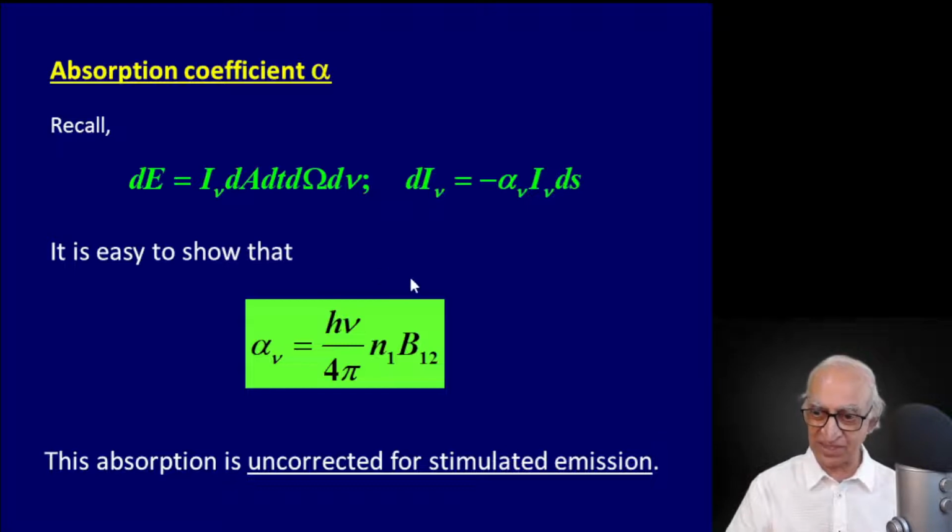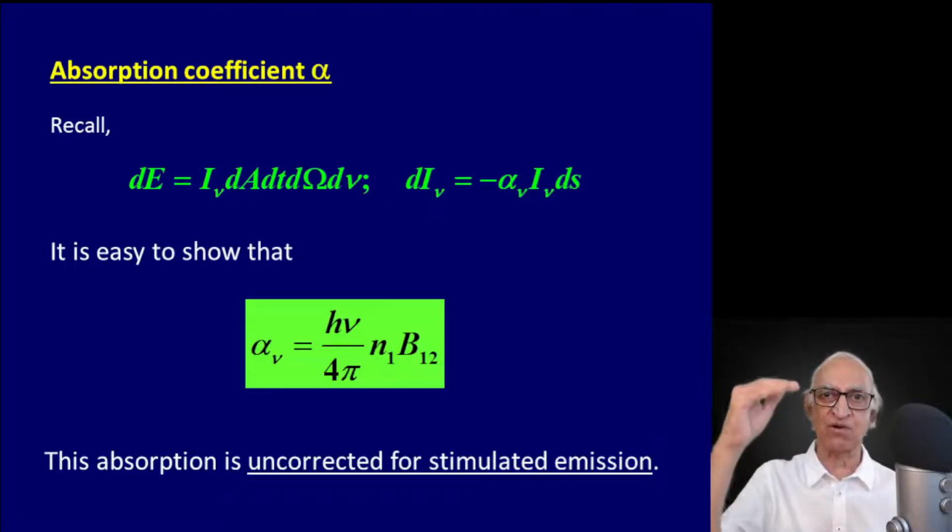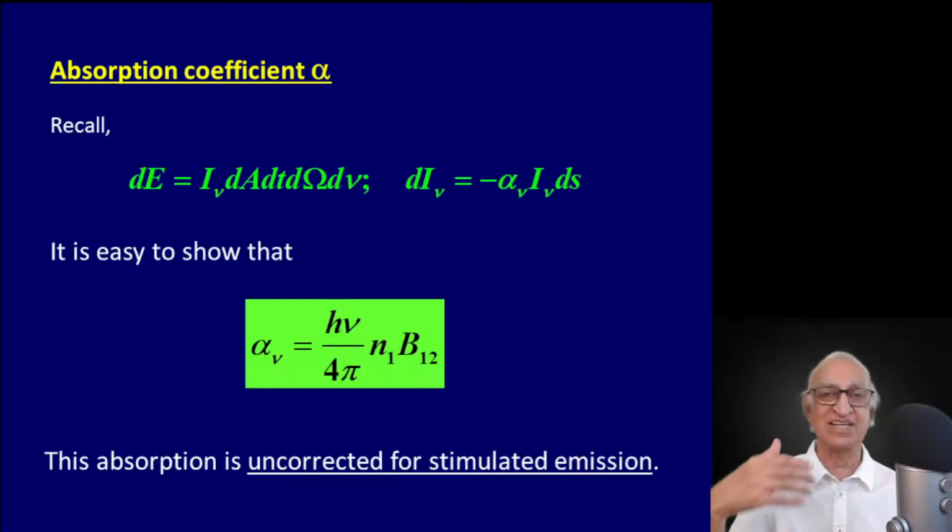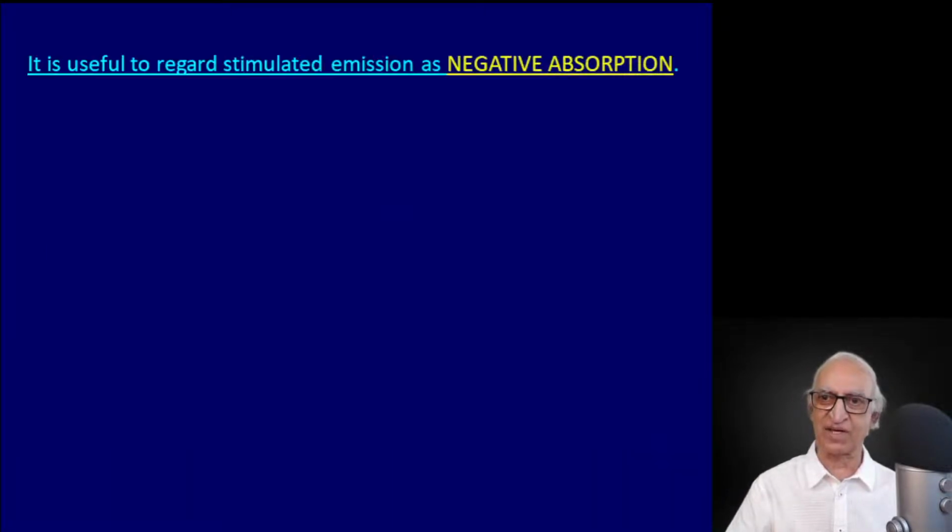So this is the absorption coefficient for stimulated absorption, which is uncorrected for stimulated emission. Before Einstein 1917, there was no stimulated emission, and therefore there was no correction needed. So we have to correct this.